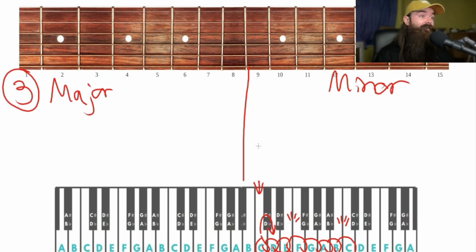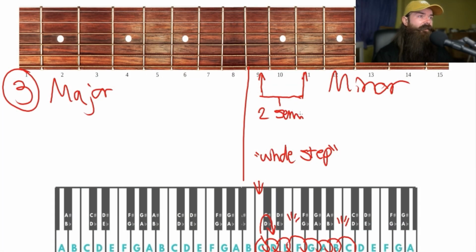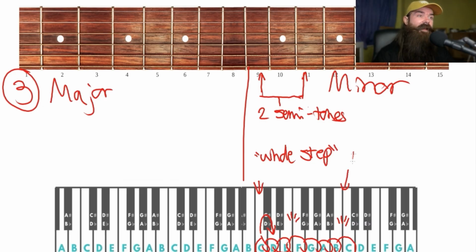But when we make that jump over a black key, that is called in music theory a whole step or a whole tone. On the guitar though, that is called two frets or two semitones. So semi meaning half, whole meaning whole: two frets, two semitones. And if we're taking the distance, let's say between B and C, or any note difference between keys where there's no black key, that is what is called a half step.